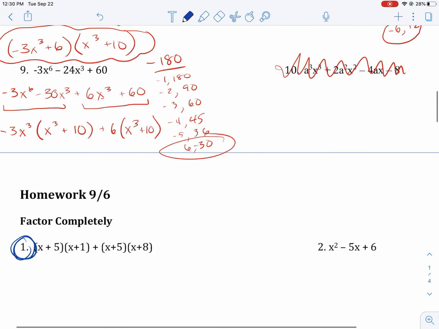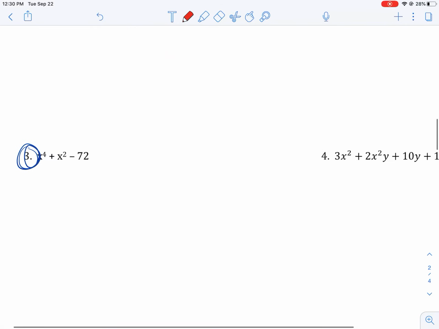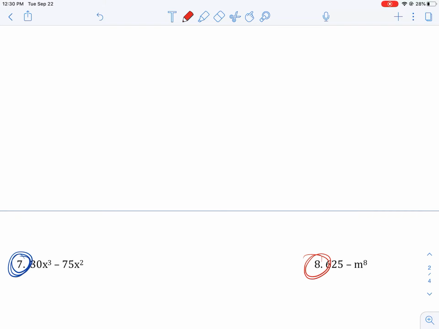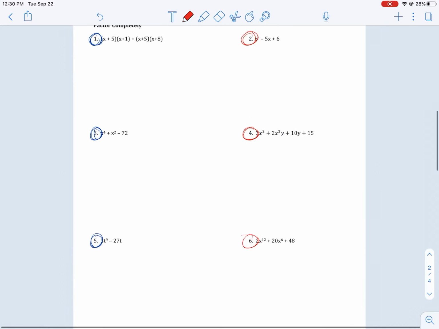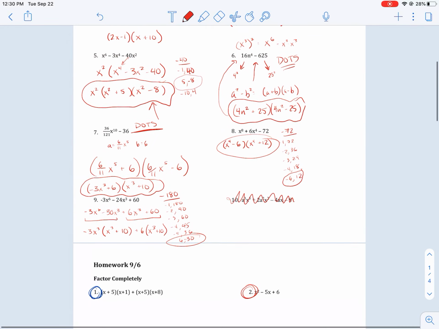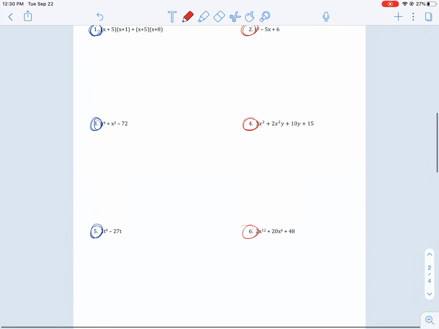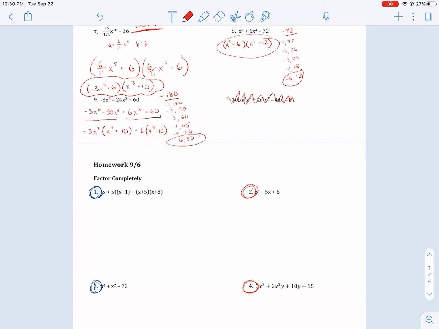And for the red group, I want you to do all the evens, which is 2, 4, 6, 8, and 10. Okay, so that's going to be your assignment. There's the first 9 problems we did. I want you guys to try those on your own. So red's got the evens, blue's got the odds, and so there's your first video lesson. All right. Let me know if you have any questions.